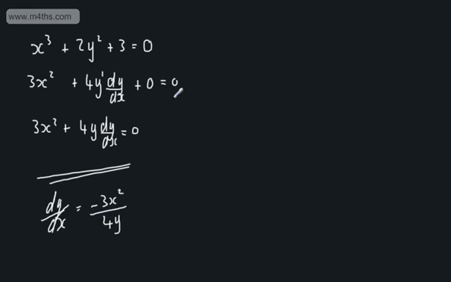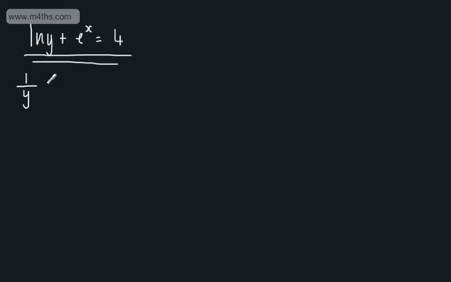Okay, let's look at another one. Let's try something slightly more interesting. Let's say the natural log of y plus e to the x is equal now to 4. So what we want is an expression for dy by dx, the gradient function in terms of x and y. So if I differentiate the natural log of y with respect to y, I'll have 1 over y. We now multiply by dy by dx.